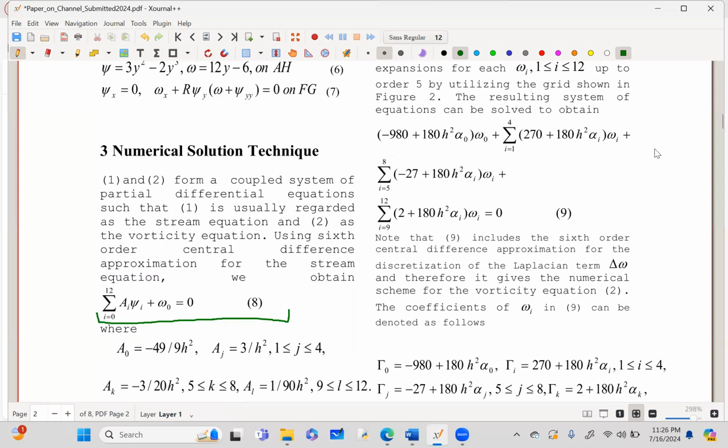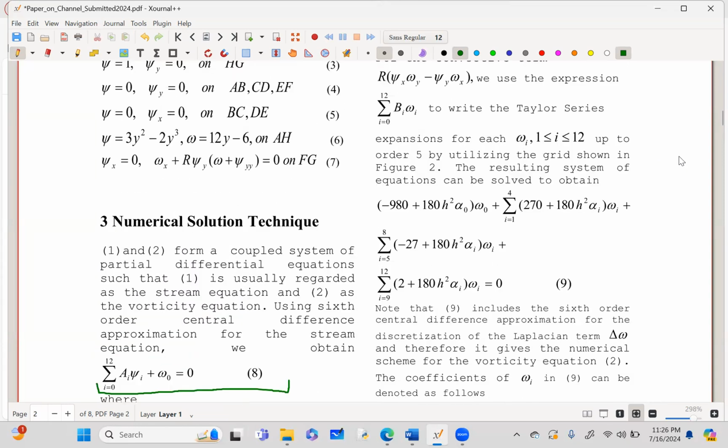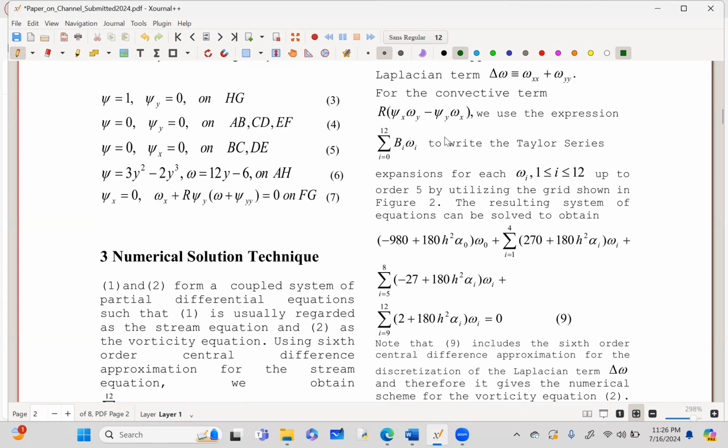The vorticity equation development is shown here, with the convective term being discretized using this expansion, summation b_i omega_i. Now, b_i omega_i was used to write down the Taylor series expansions for each of the omega_i terms, which of course exclude the omega_0 that pertains to the main diagonal of the resulting coefficient matrix.